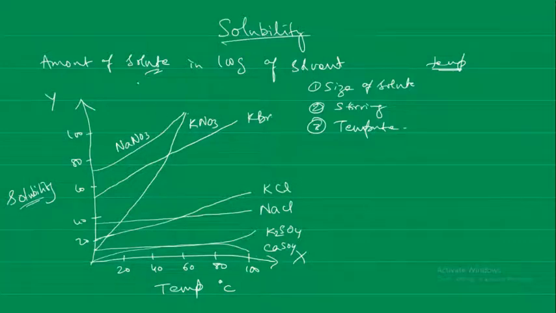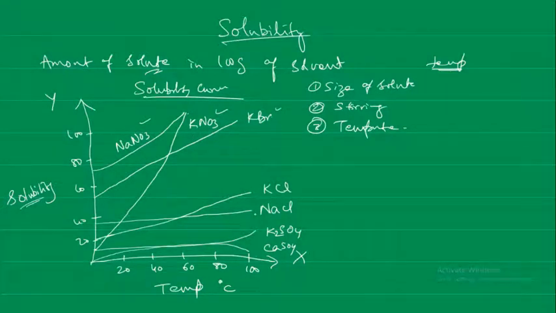this solubility curve, when we observe, there are a few interesting points. The sodium nitrate, potassium nitrate and potassium bromide, they are showing considerable increase in solubility. So this is one group. Okay, with the temperature their solubility is increasing considerably.